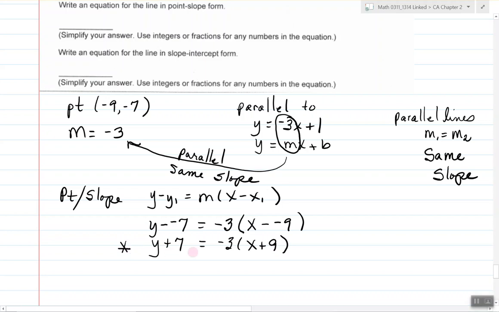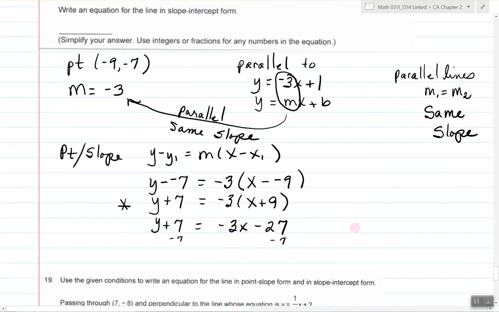Now simplify it, solve it for y. So I have y plus 7 is equal to, distributive property, -3x minus 27. Subtract 7, subtract 7, and you get y is equal to -3x minus 34. And that is your slope-intercept form.